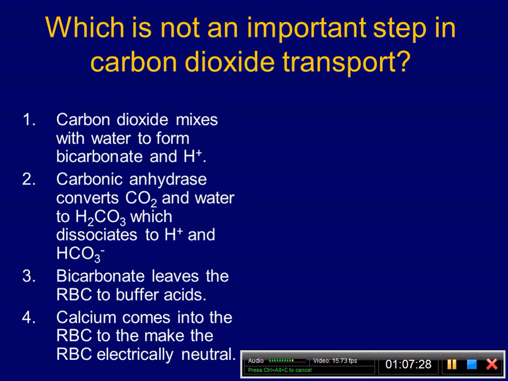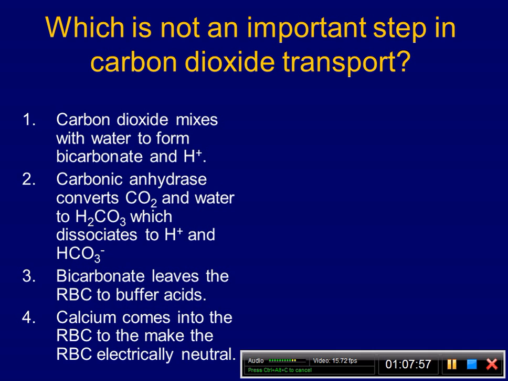That little enzyme converts the CO2 and water into carbonic acid. From carbonic acid, it turns into acid and bicarbonate. And then number 1, carbon dioxide mixes with water to form bicarbonate and H+. Is that true? Sure does. Remember CO2 and H2O. They bind together, and then they shift that equation and eventually become bicarbonate and acids. So we know 1 and 2 are right.